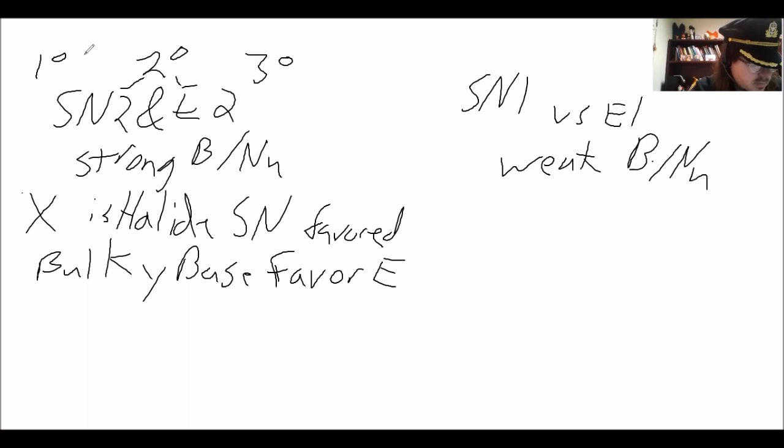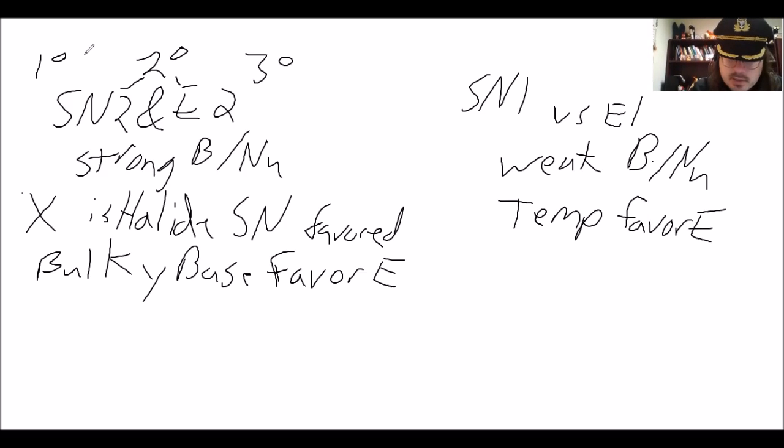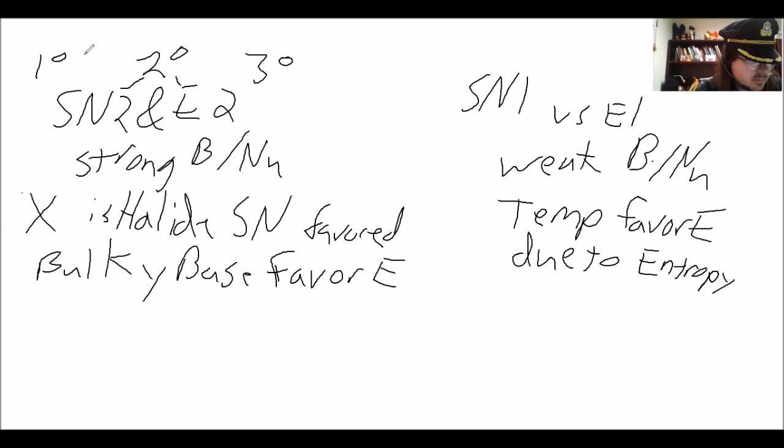But temperature favors E, elimination, due to entropy. I'm just trying to figure out how to explain this.